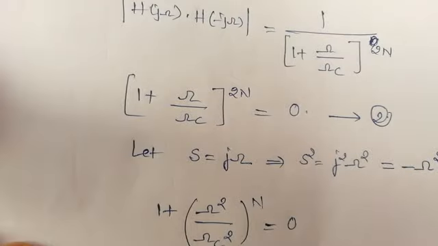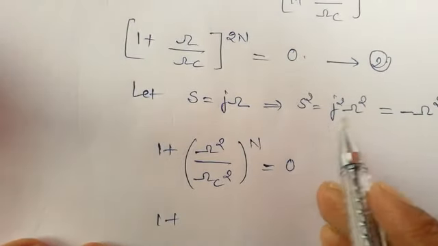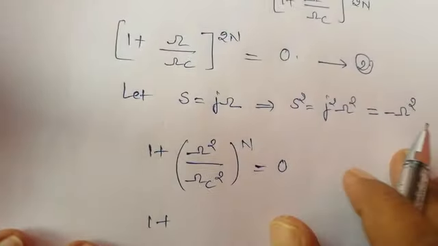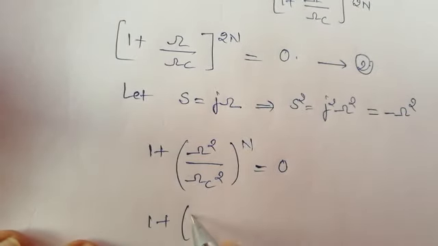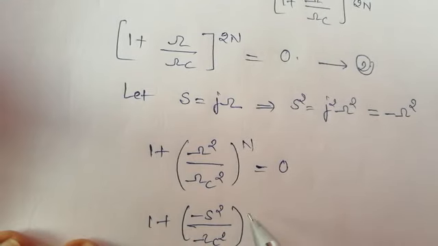Next, in 1 plus ω²/ωc², we already calculated that ω² equals -s², hence 1 plus (-s²/ωc²) to the power n is equal to 0.